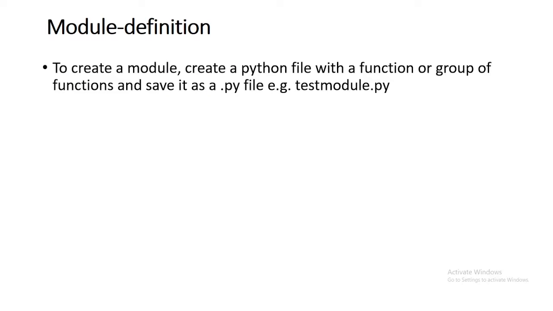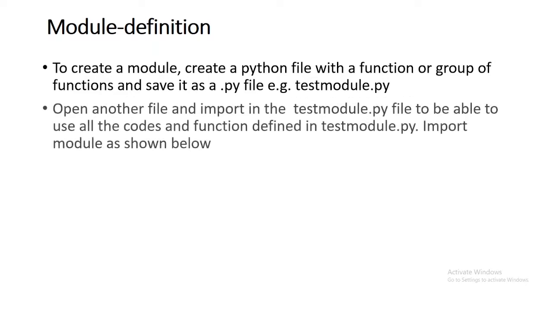To create a module, create a Python file with a function or group of functions and save it as a .py file, that is a Python file. Open another file and import it. For instance, we created a Python file called test module, and we import the test module file so that we'll be able to use the code that the test module provides.